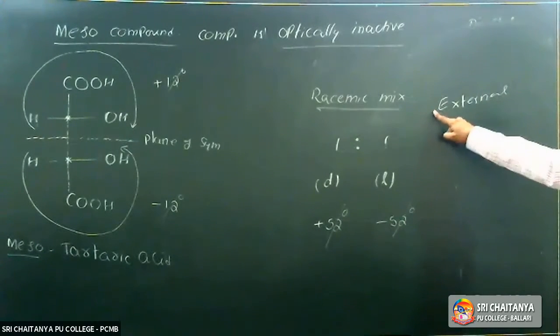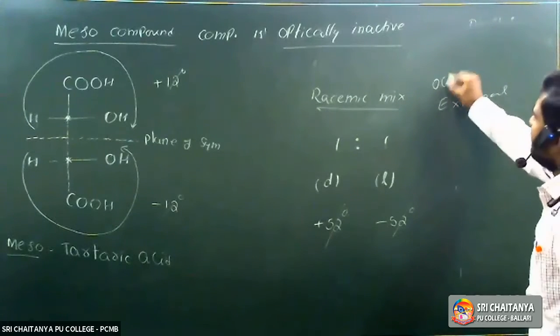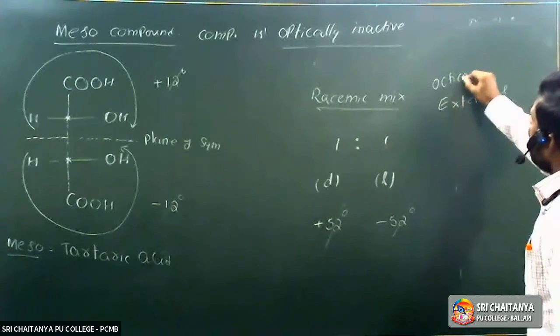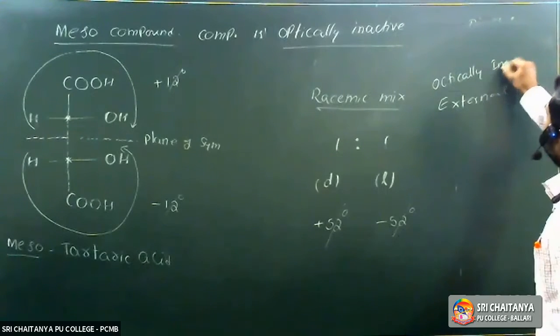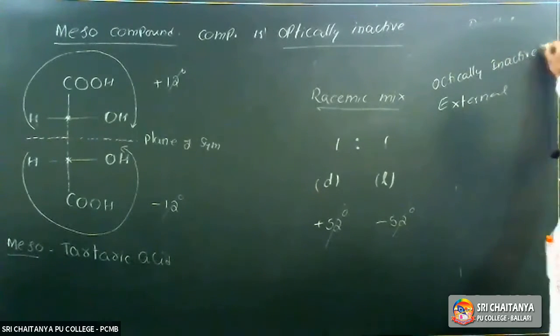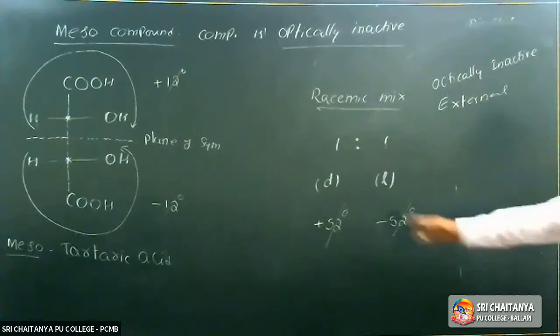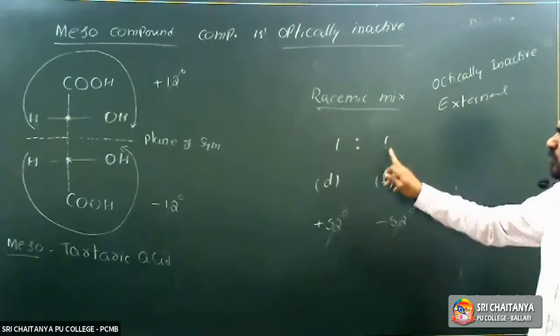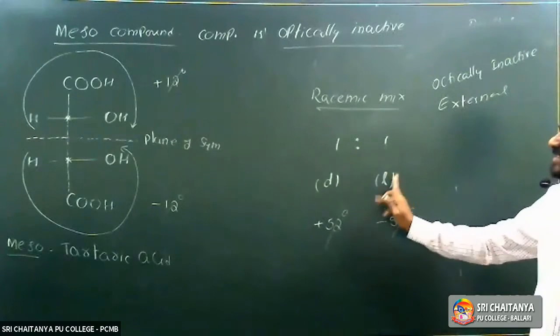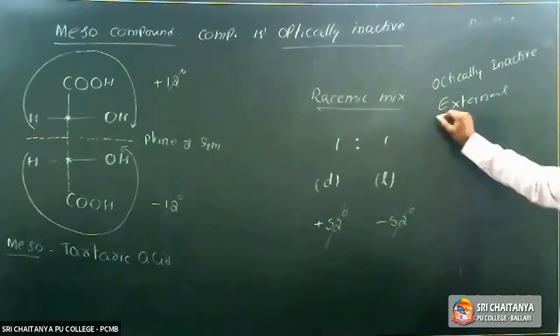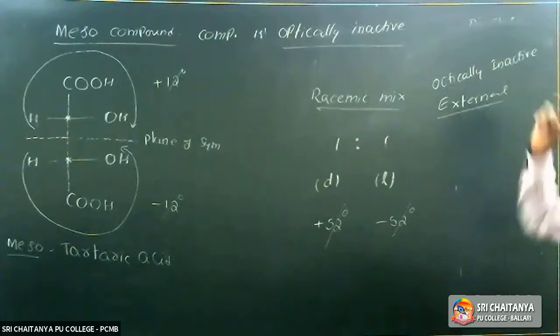Hence the racemic mixture is also optically inactive due to external compensation. The first is nullified or cancelled by the second compound.